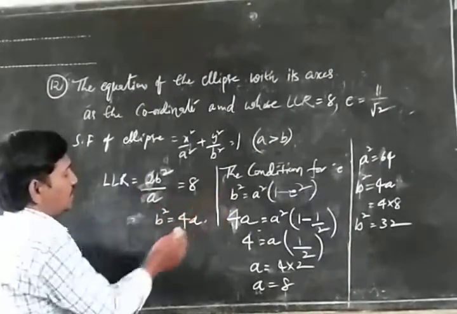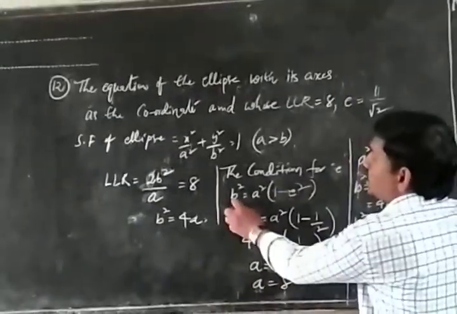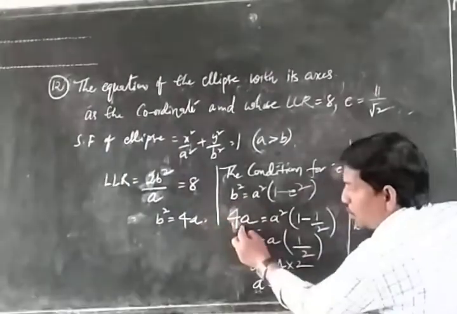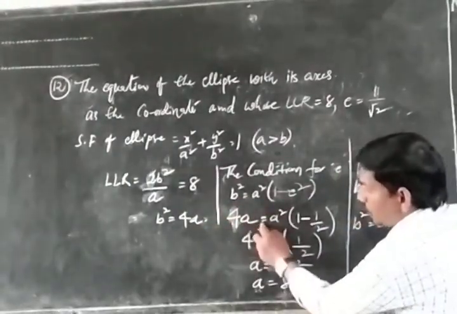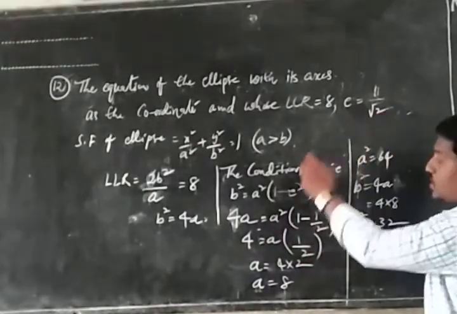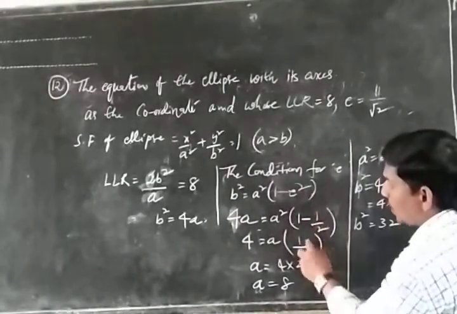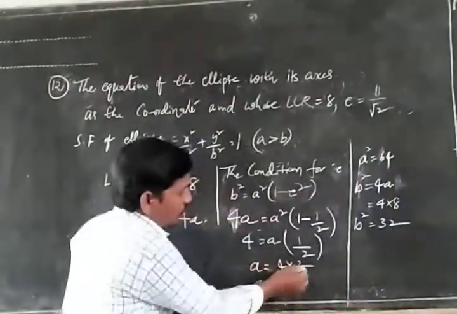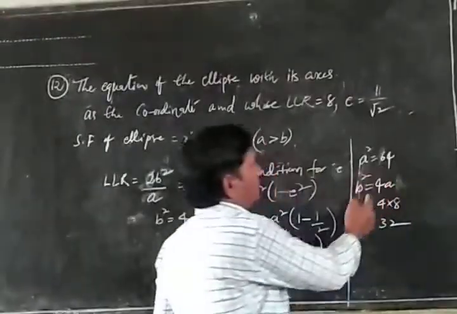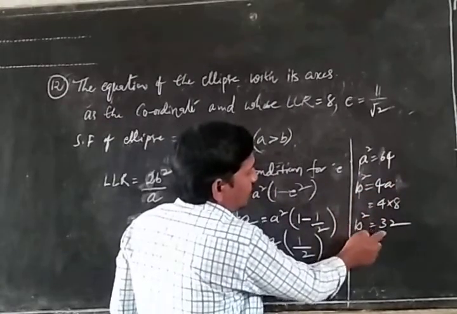The condition for e: b square equal to a square into 1 minus e square. With b square as 4a, 1 by root 2 whole square means 1 by 2, and 1 minus 1 by 2 means 1 by 2. So a equal to 4 twos are 8, a square equal to 64, and b square equal to 4a, that means b square equal to 32.